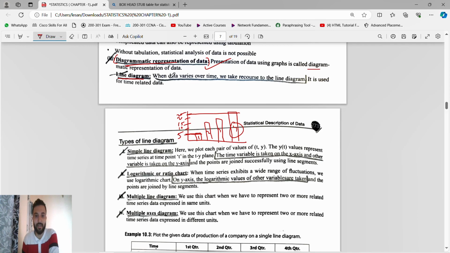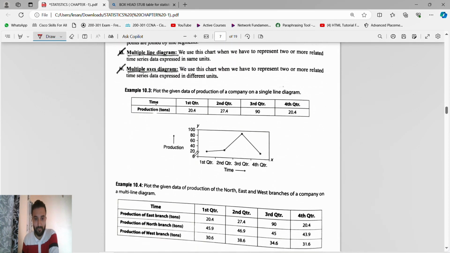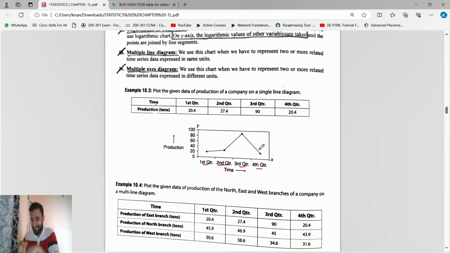Line diagram means the data varies over time. Data varies over time means like this: say time, like first quarter, second quarter, third quarter, fourth quarter. Not that quarter, sir. First quarter means 3 months, second quarter 6 months, third quarter 9 months, fourth quarter 12 months.